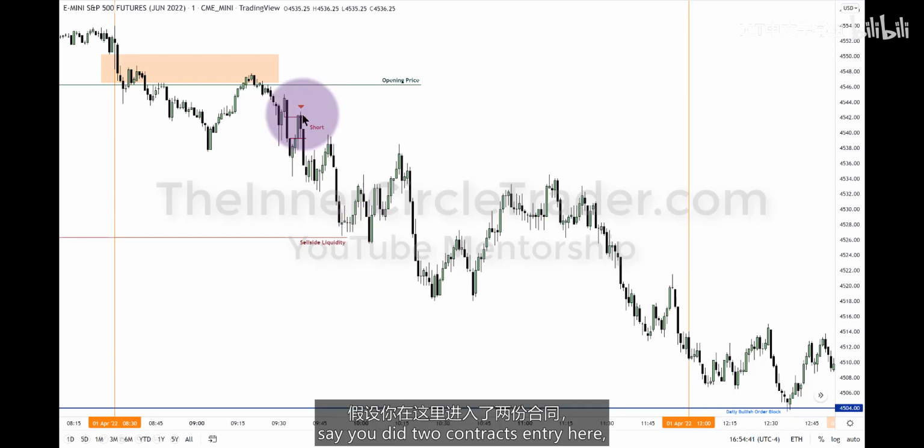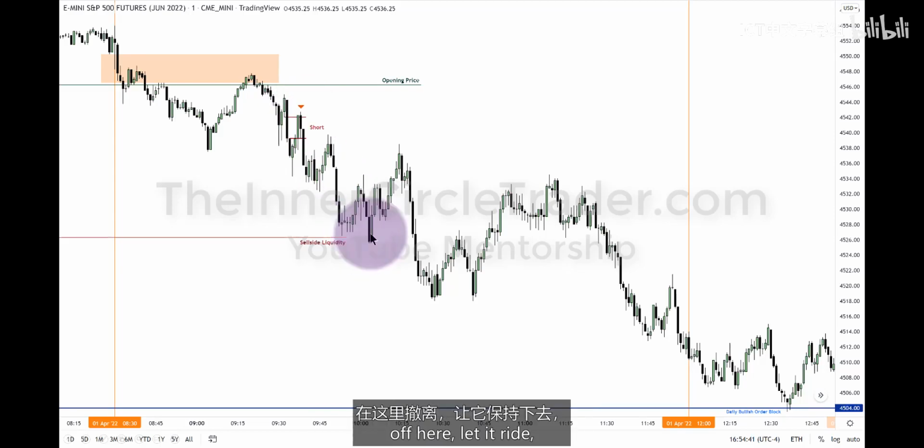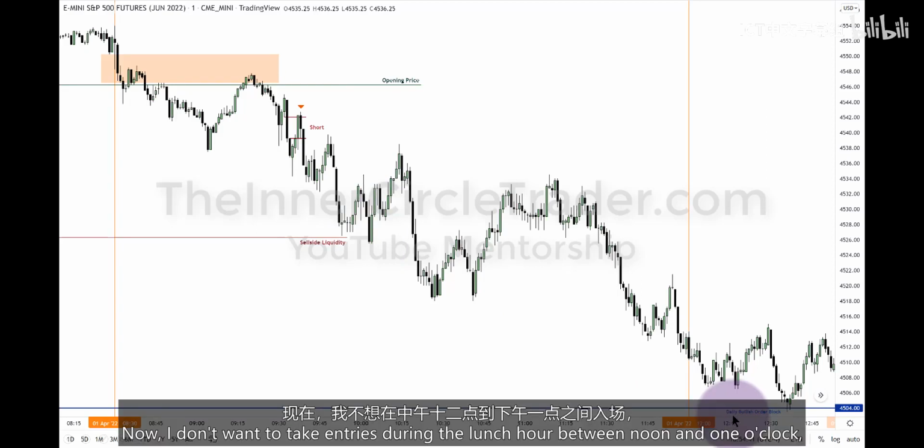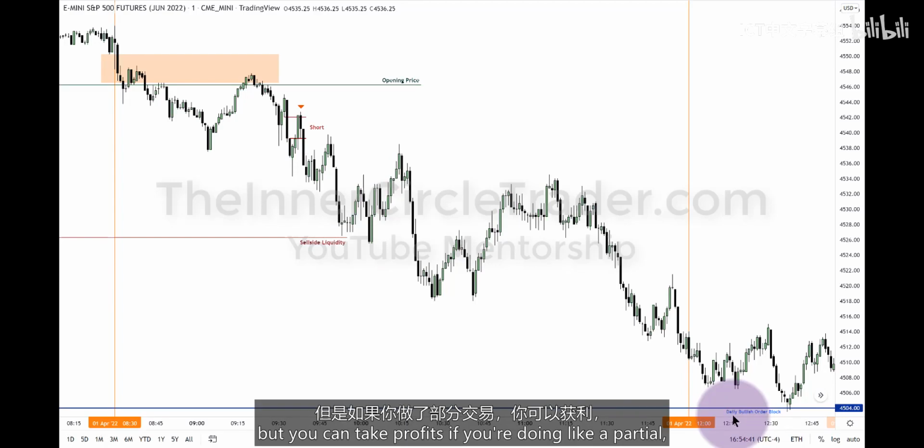So you could do, say you did 2 contracts, entry here, short here too. You can take one off here, let it ride, and then see if you can get that lower time frame objective later in the day. Now, I don't want to take entries during the lunch hour between noon and 1 o'clock, but you can take profits if you're doing a partial.